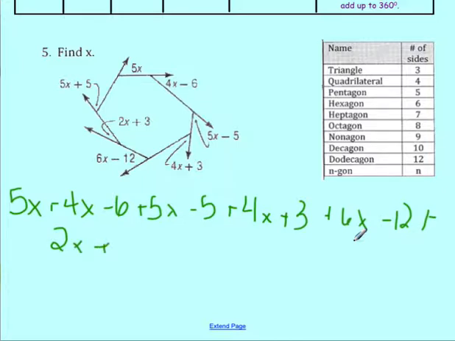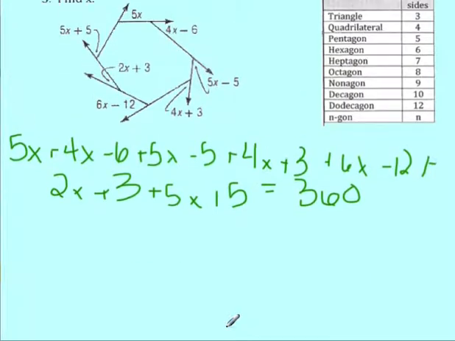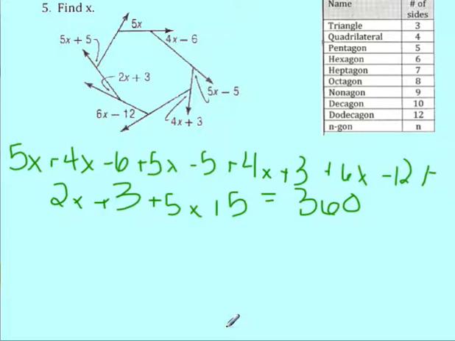So what I suggest doing is going through and looking at each of the x terms. Have your calculator out in front of you. Here's what I think is the easiest way. In your calculator, do 5 plus 4 plus 5 plus 4 plus 6 plus 2 plus 5. Enter that all into your calculator, and those are your x's.